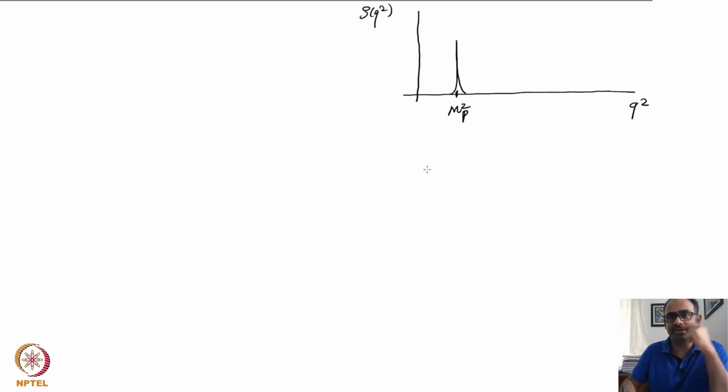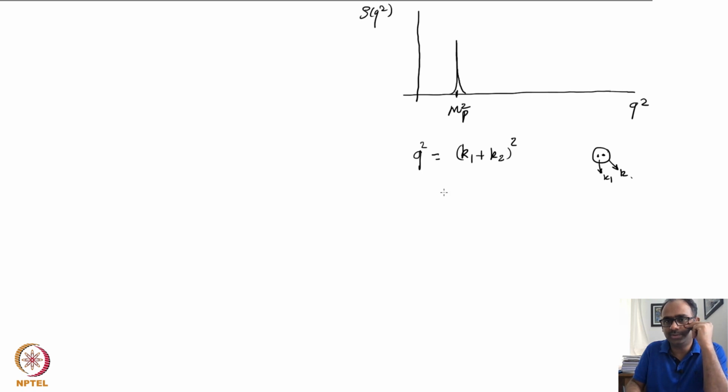So what is that configuration? If q is k1 plus k2, these are the labels, not 3 vectors, sorry, because I am looking at a two particle state, so it carries two labels, k1 and k2. And what's the minimum value?